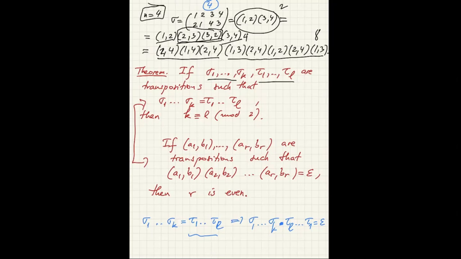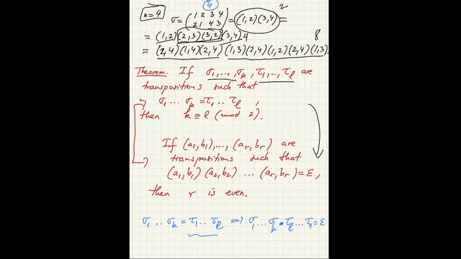So you can see that the first part implies the second part just by taking the permutations on the right, the taus, such that their product equals the identity. So then you get the second statement below.